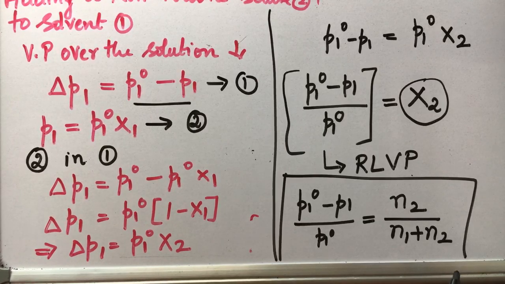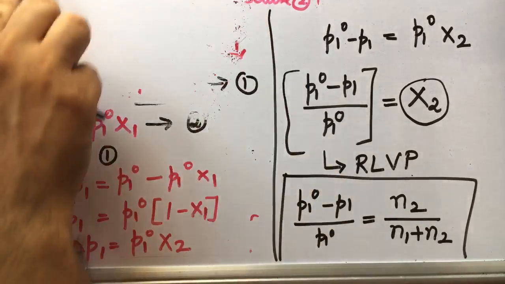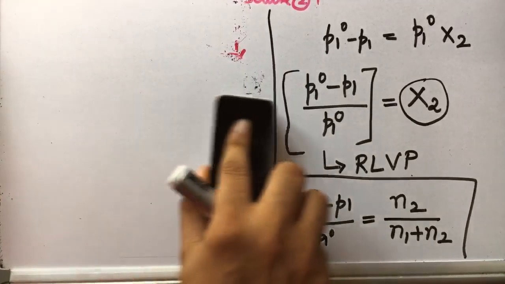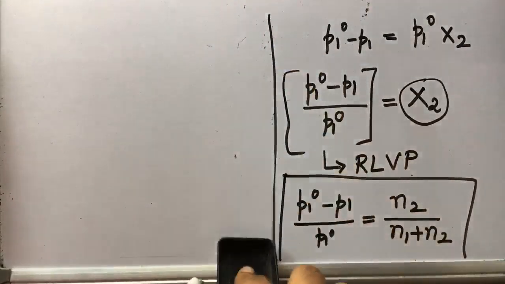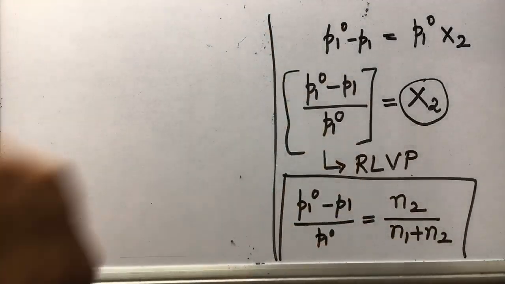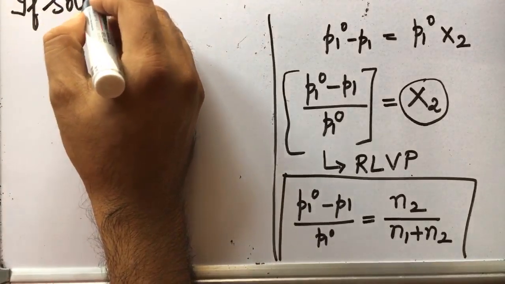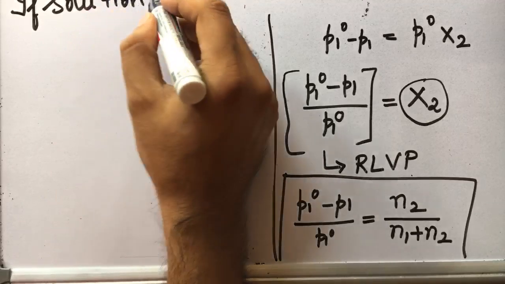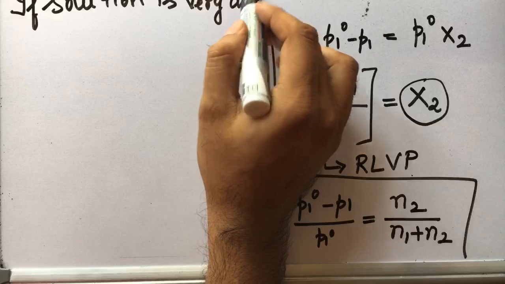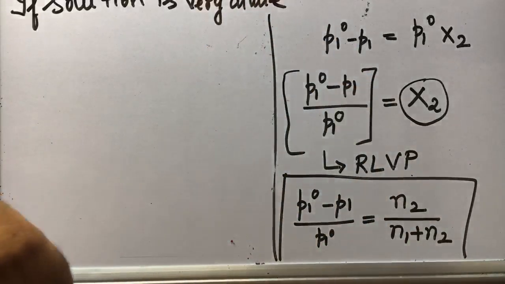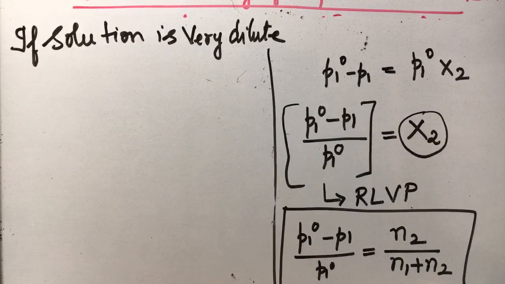Further modifications can be done for this. Now if we assume that the solution that we have prepared is a very dilute solution, what is the meaning of a dilute solution?